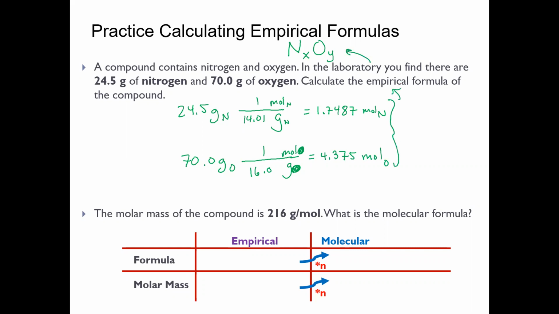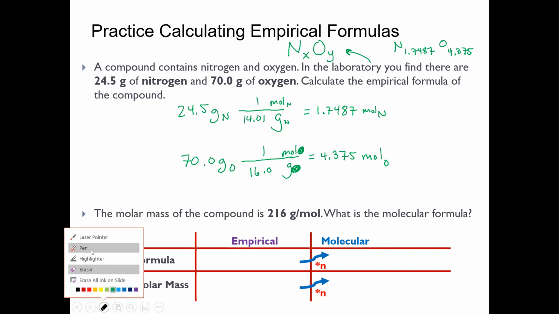The problem is it can't be our final answer, but it is the right ratio. We could put N 1.7487, 4.375. Our units are okay, but to be a good empirical formula, we have to be the simplest ratio, the simplest whole number ratio.